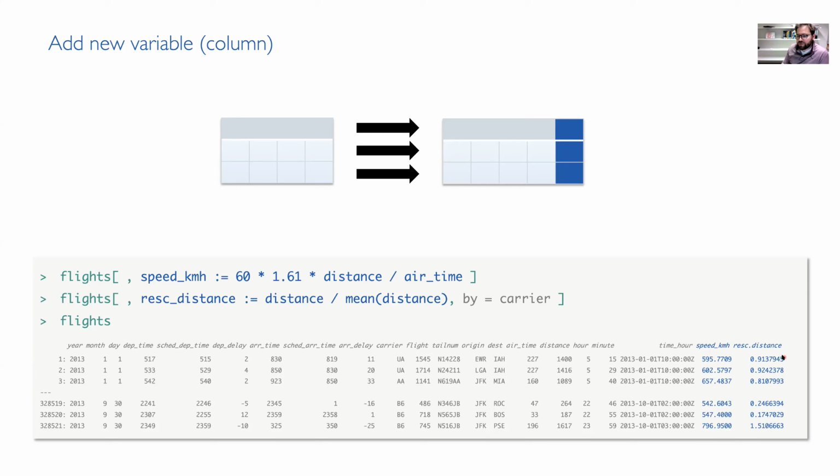And we also have the rescaled distance. Now, for example, this flight here was about 10% shorter than the average flight of this carrier. And this also is saved into the new column that we've given these names here. This is something that is also happening very fast and memory efficient.